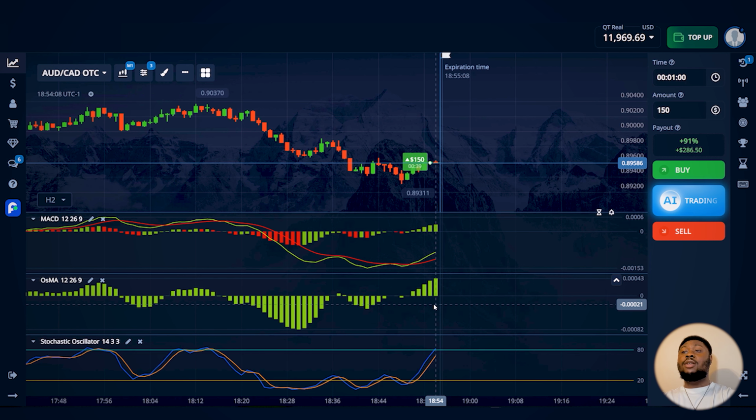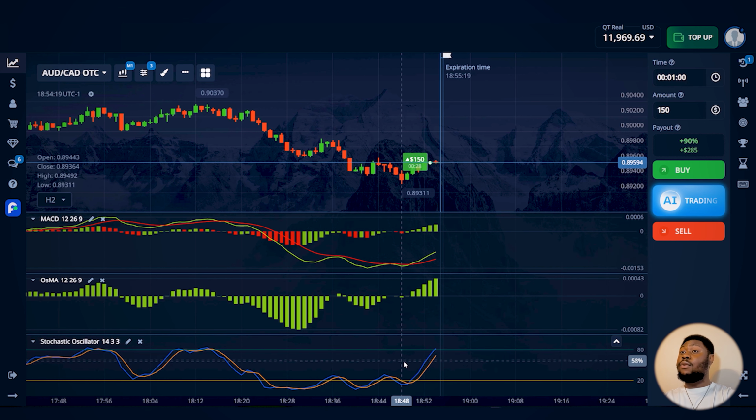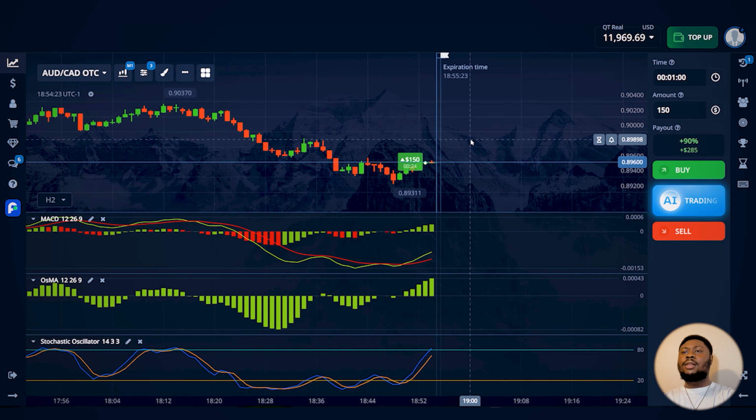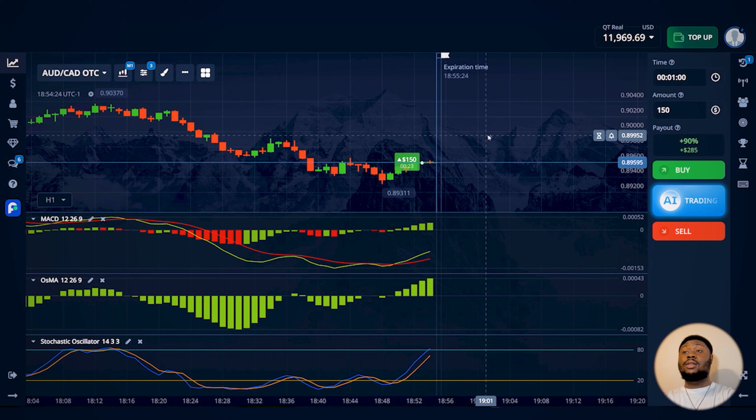When working with a strategy, it is important that all indicators give a signal. This is important. The MACD and OSMA indicators indicate the state of the market. If the chart is built above the 0 level, the price will rise. If lower, it will decrease. The main thing in this strategy is to get confirmation from Stochastic oscillator.